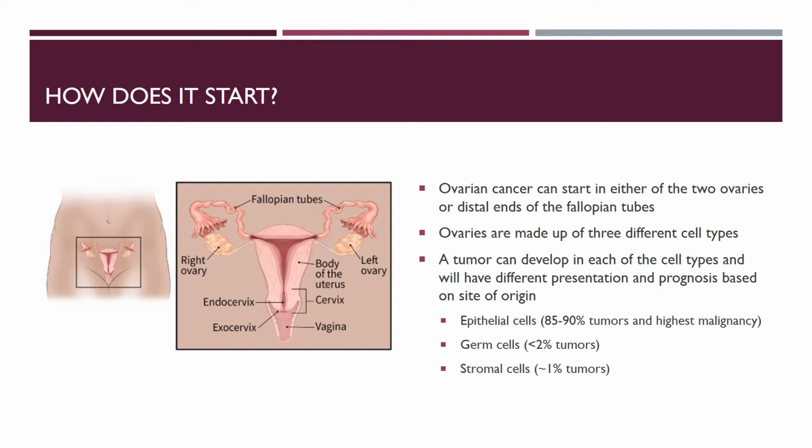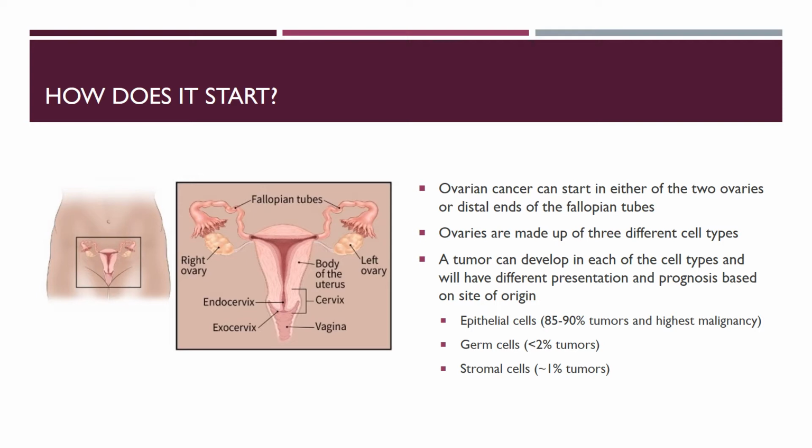So epithelial tumors stem from the outermost surface cells of the ovary, and actually the majority of ovarian cancers are from the epithelial cells, with 85 to 90%. And they also have the highest malignancy, unfortunately. Then we have the germ cells, and that makes up less than 2% of tumors.